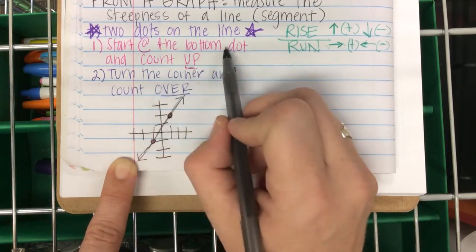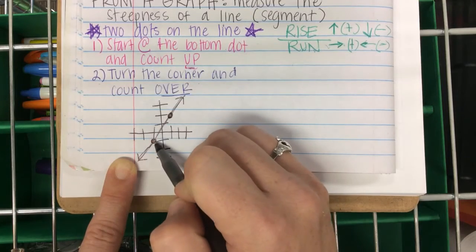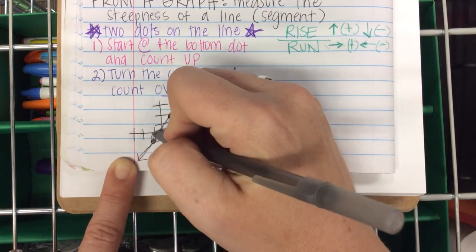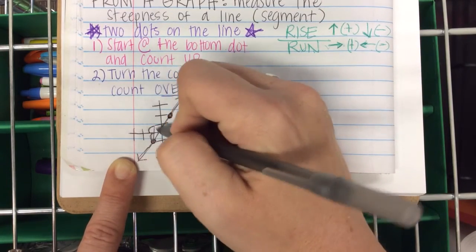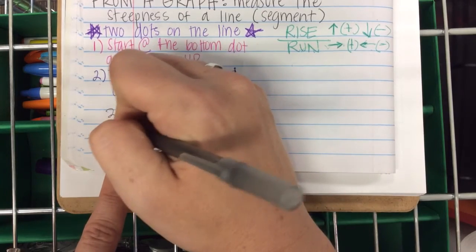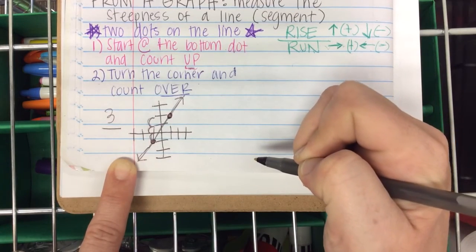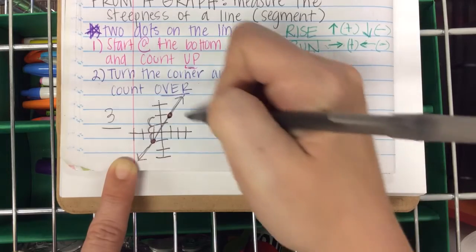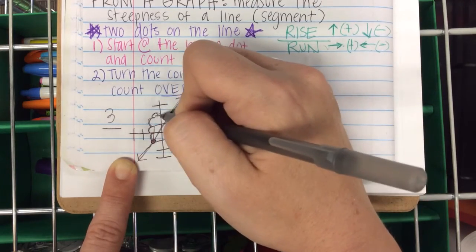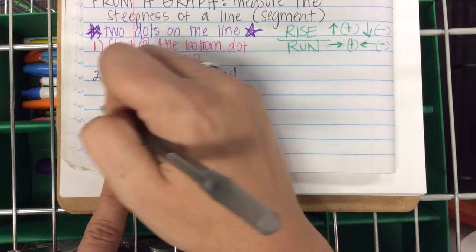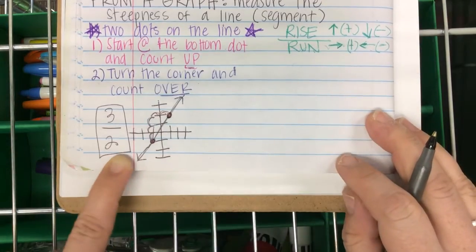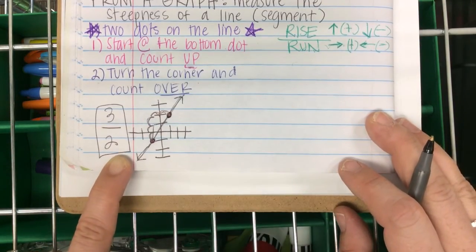You start at the bottom dot and count up 1 space, 2 spaces, 3 spaces. Turn the corner and count over 1, 2. There's your slope. That's your rate of change, your slope.